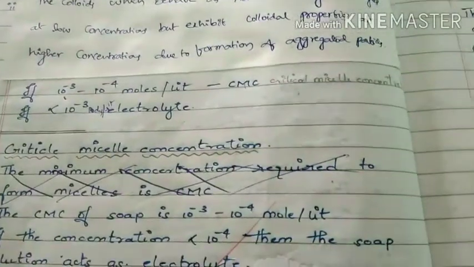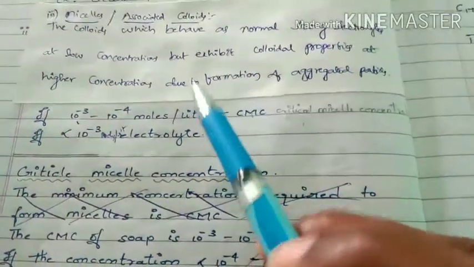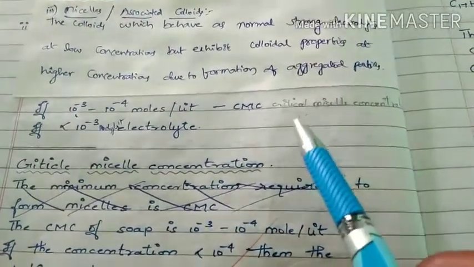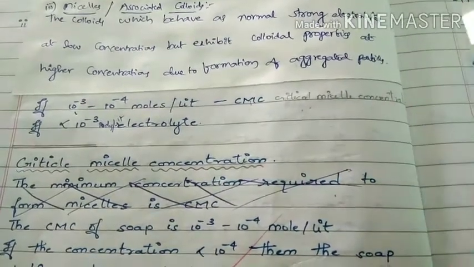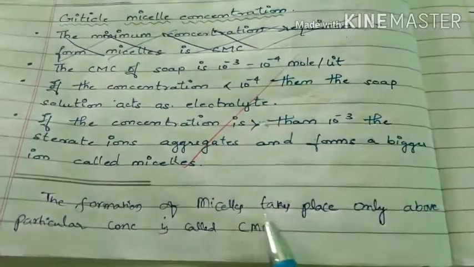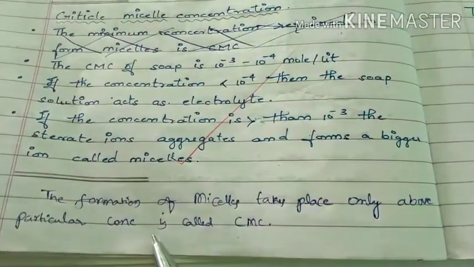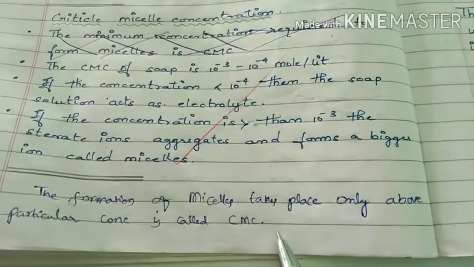Next, there are some more points. What is critical micelle concentration? We set the definition based on critical micelle concentration. Before that, we should know what critical micelle concentration is. See, here the definition is: the formation of micelles takes place only above a particular concentration, called CMC.